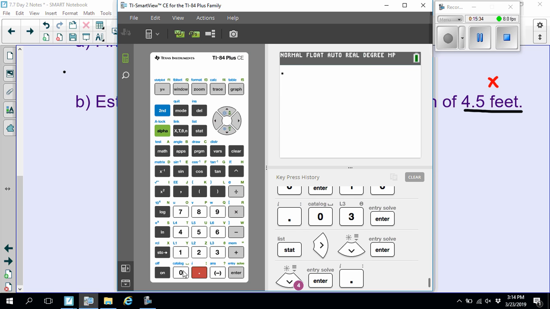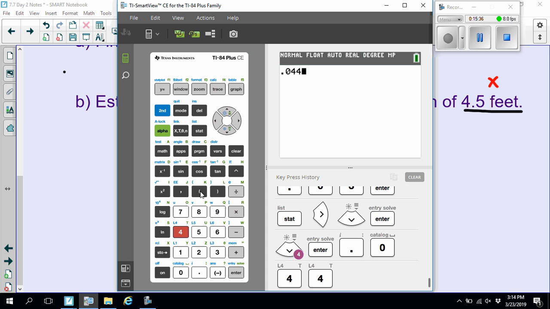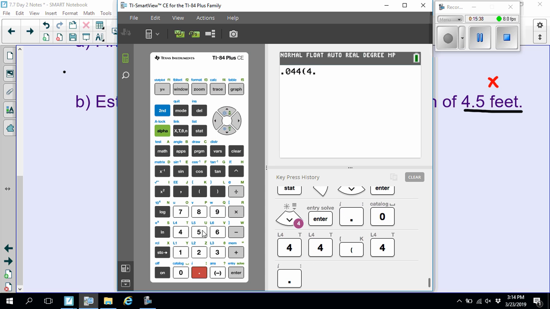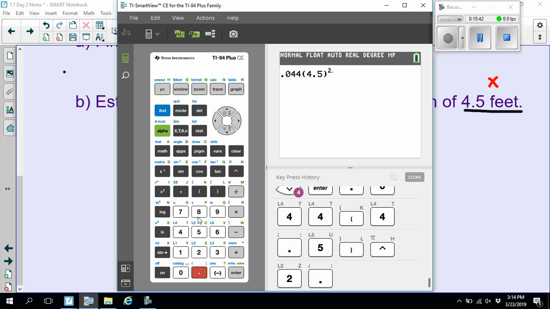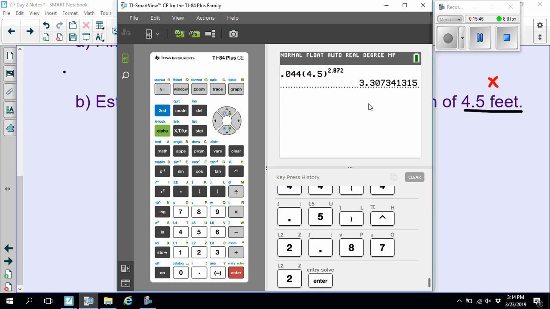Both will work and get you to your answer. So we have 0.044 times 4.5 to the 2.872. And we have about, and we'll round once again to 3 decimal places since we did it here, about 3.307 pounds.